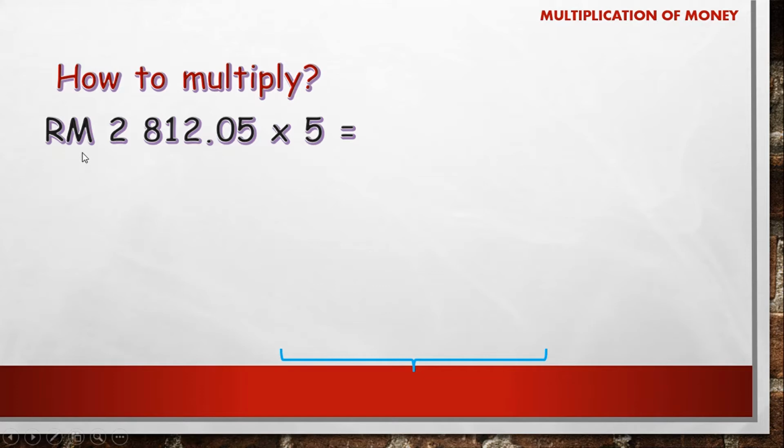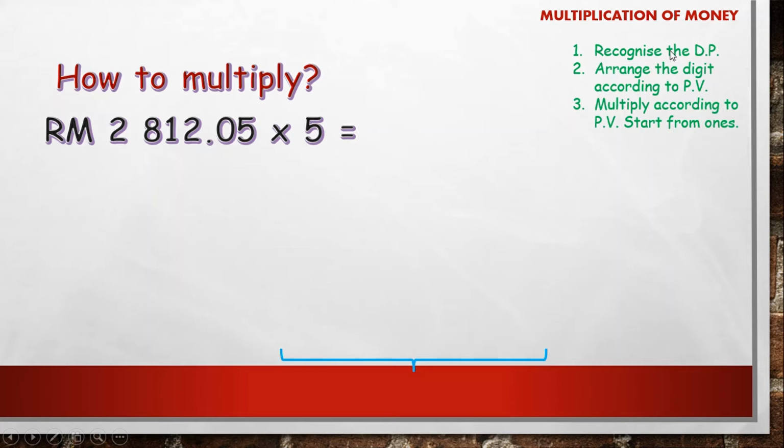RM2,812.05 multiplied by 5 equal to, or you can say 2,812 ringgit and 5 cent multiplied by 5 equal to.